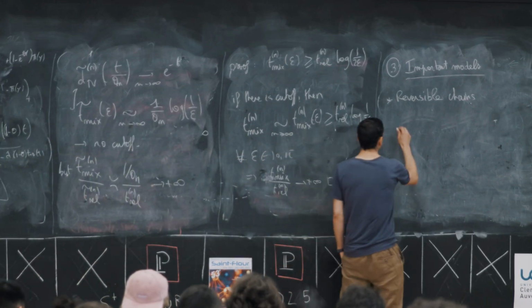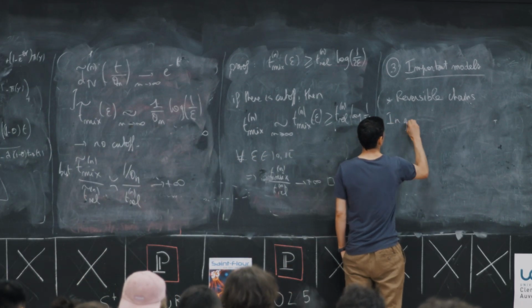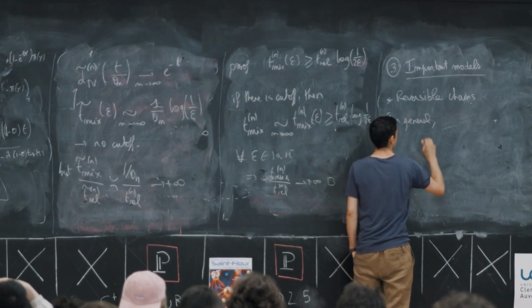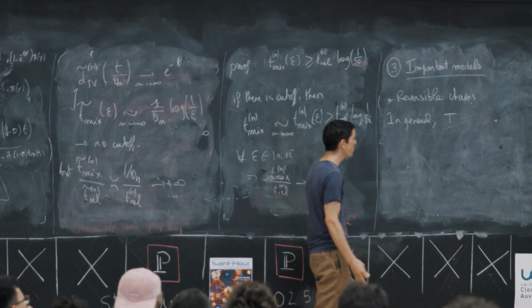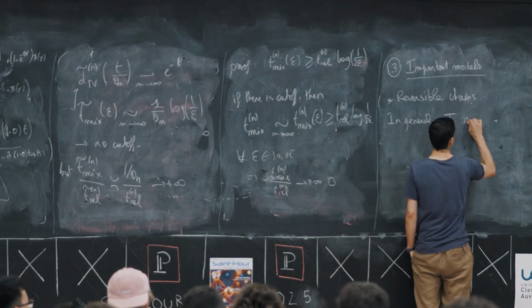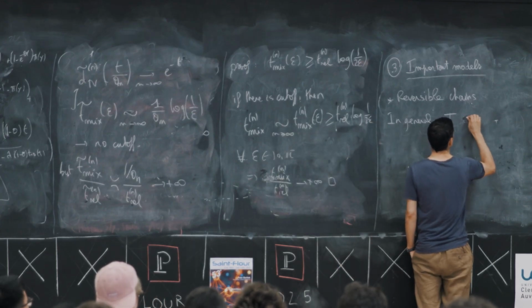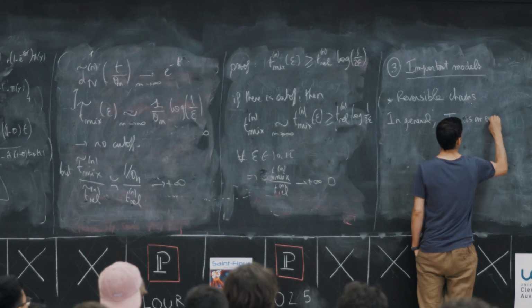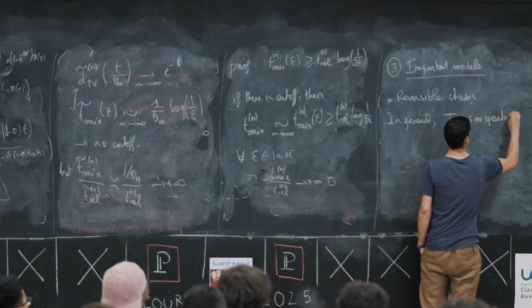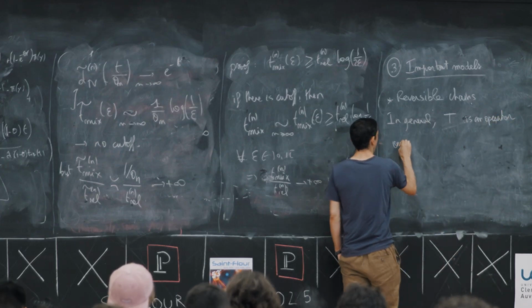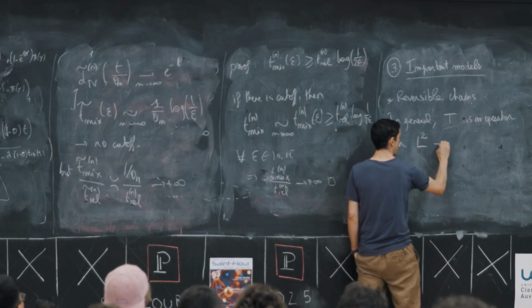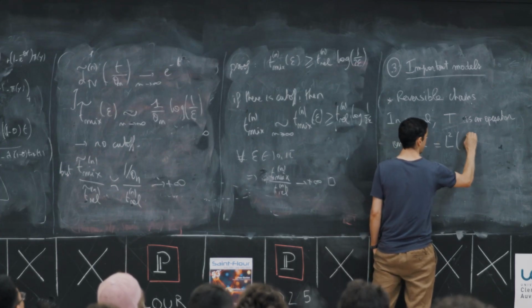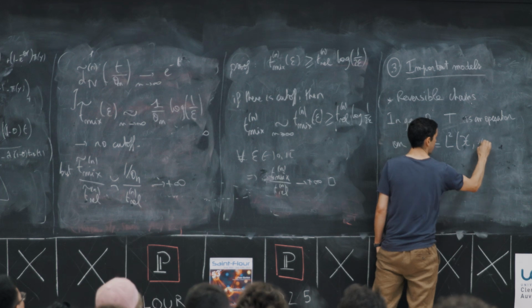Right, so in general, T is a transition matrix, but you can view it as an operator. It's a nice operator on a nice Hilbert space. My Hilbert space will be L2, and when I write L2, it means L2 of my state space with the stationary measure.